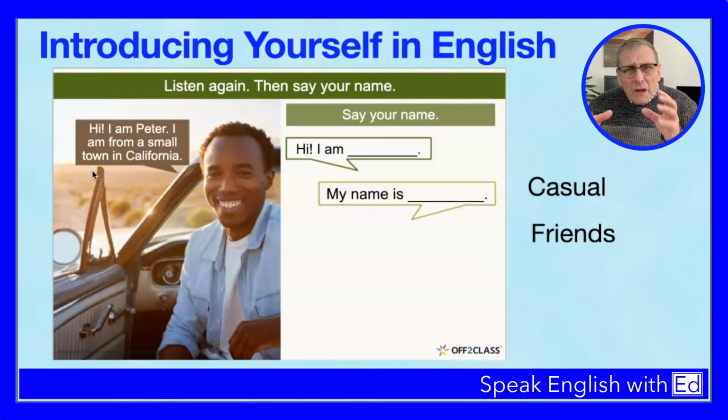These are for when you're speaking in a more formal way, like to your child's head teacher, if you're going for an interview for a job, or an interview with your bank manager. These are times when you say hello, or good morning, good afternoon, good evening, depending on the time of day. But you use hi when you're speaking in a more casual way to people who are friends.